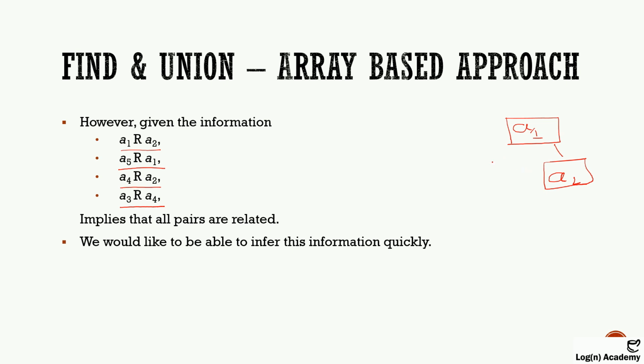Now A5 is also related to A1, so let's say A5 is related to A1. A4 is related to A2. This is A4, and A3 is related to A4. So this is the relation we created.